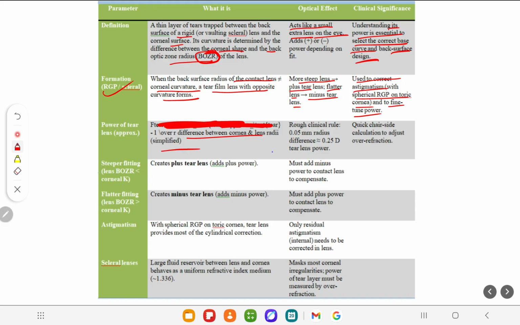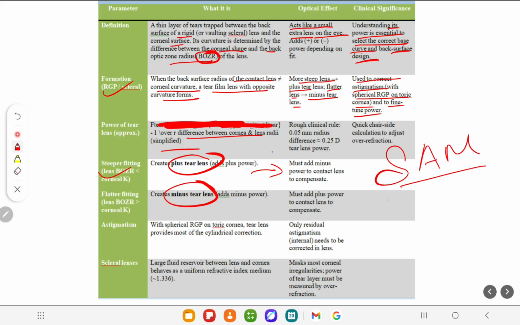So steeper fitting, what does it create? It creates a plus tear lens. Flatter fitting creates a minus tear lens. That's why in steeper fitting, we add minus power to the contact lens to compensate. That's why steep add minus, SAM, and flat add plus, FAP.